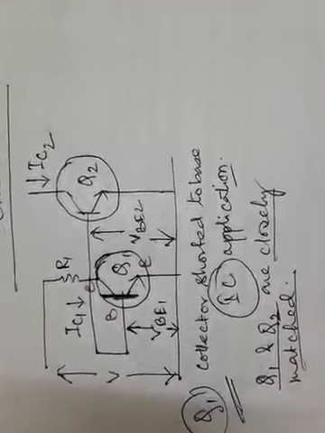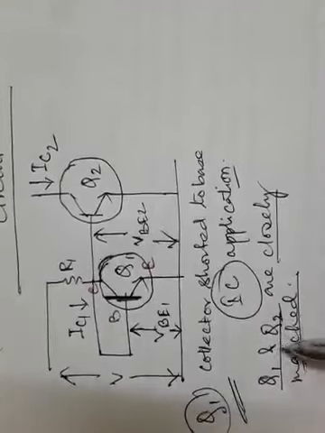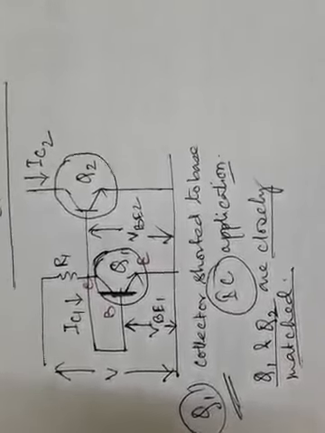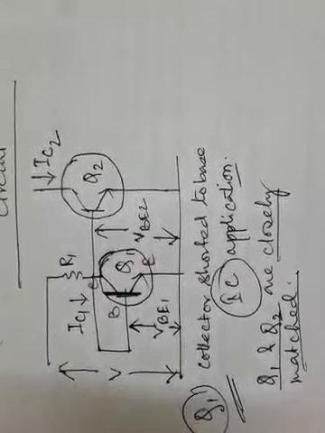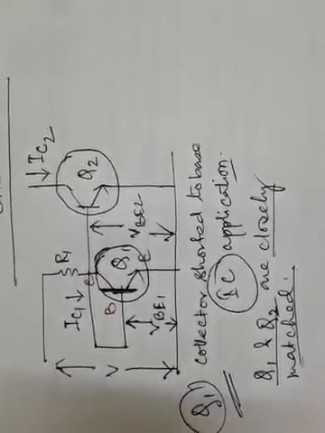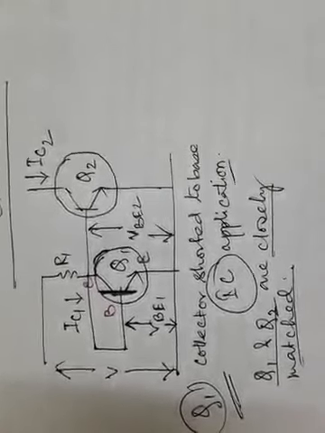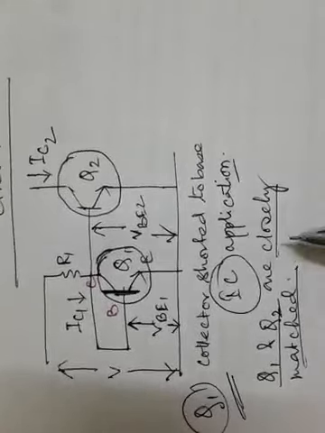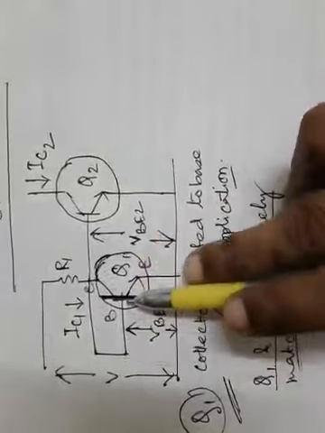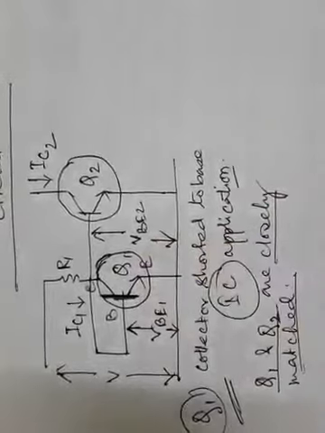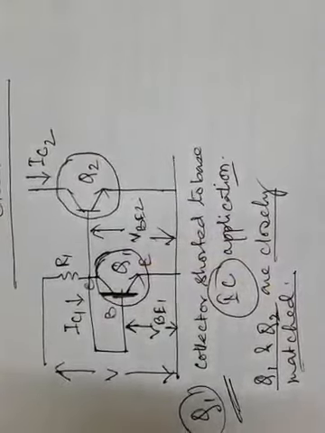Closely matching means that the properties of Q1 are almost matched with the properties of Q2, including their doping profile and everything. Because the collector of transistor Q1 is directly connected to the base, the junction between collector and base will not exist anymore.